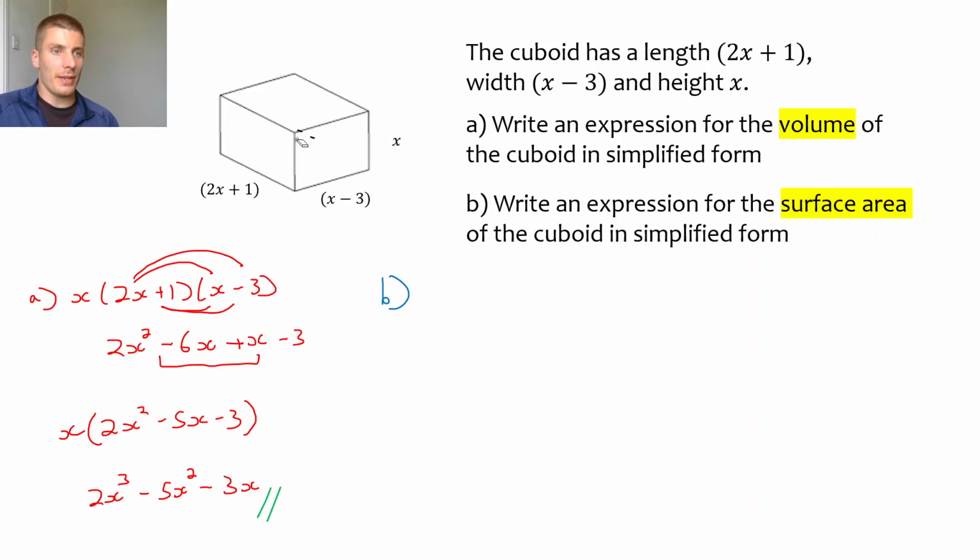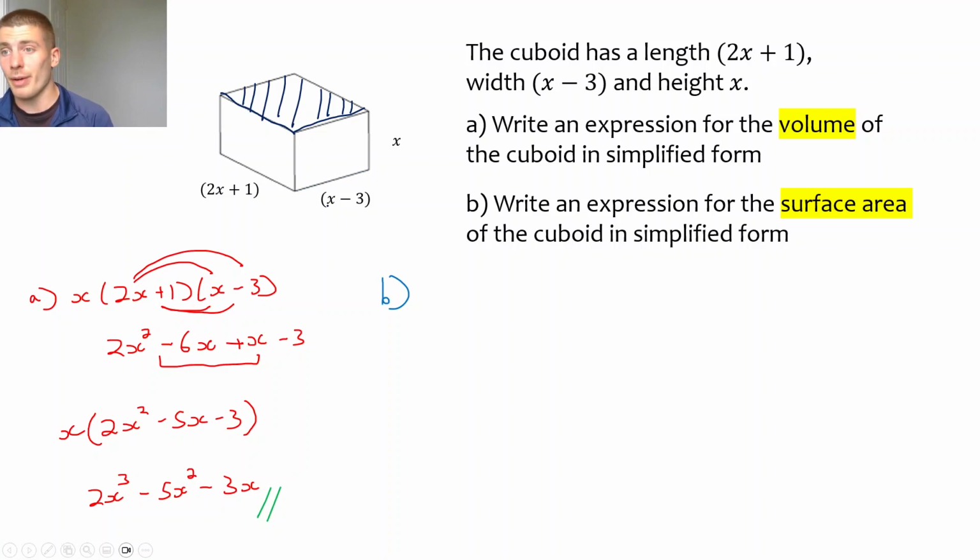Okay, so let's begin by finding the area of this top face over here. Now be a little bit careful here. The dimensions of this top face: you've got 2x plus 1. This side here and this side have the same length, and this side here has a length of x minus 3.